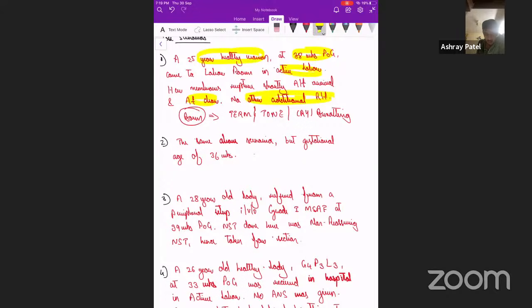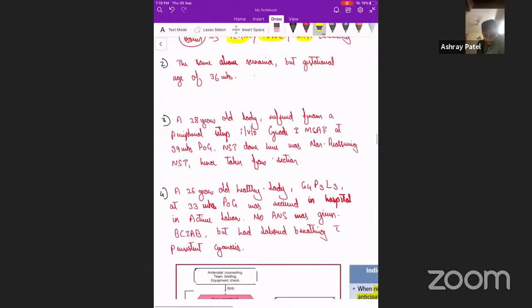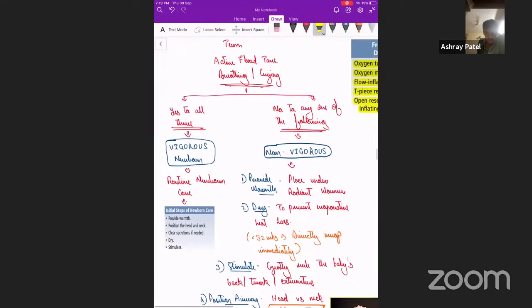So this baby is a term baby with well flexed tone, and the baby is crying. So now what do we do next? First we see whether the baby is term, next the tone of the baby, and next whether the baby is breathing or crying.